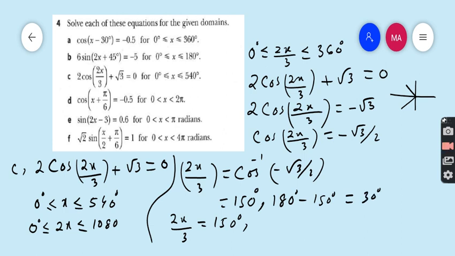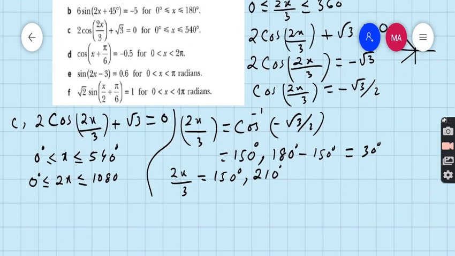So our angle in the third quadrant is 180 plus 30, that is 210 degrees. Our domain is 360 degrees, and from 0 to 360 degrees there are only two quadrants where cos is negative, the second and the third, and we have found the values in both quadrants.